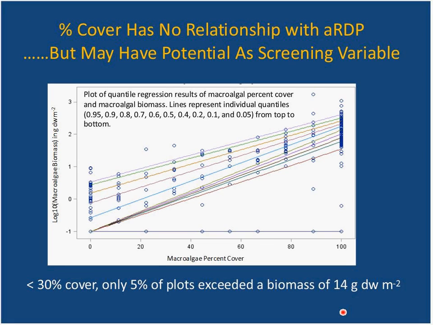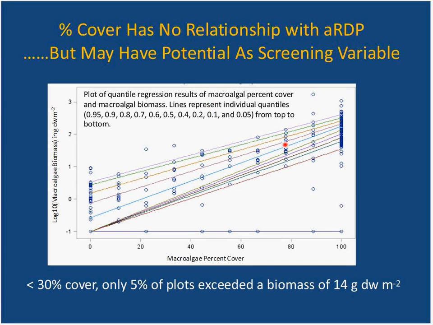One thing I wanted to cover with you, no pun intended, Peggy, is that we had biomass and percent cover, which is how we estimate the abundance of macroalgae. What's important to establish is, first of all, we didn't see any relationship between percent cover and ARPD.